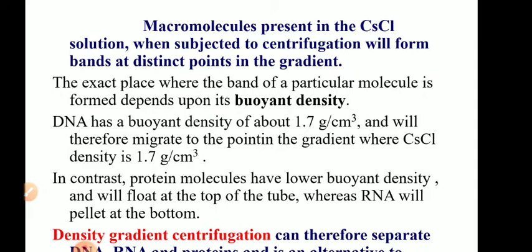That means macromolecules will get separated at distinct points in the gradient. When the cesium chloride is centrifuged along with the macromolecules, the different macromolecules will get stabilized at distinct points in the gradient.